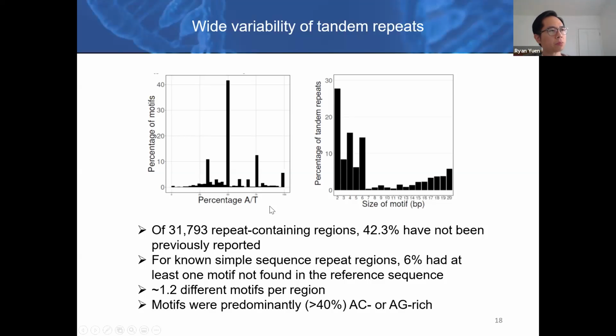Another interesting feature is that we found that even-numbered motif sizes are more common than odd-numbered ones. But that effect only exists before a size of 7 base pairs. Some other publications have also reported this phenomenon, although I still don't quite know why this is the case.